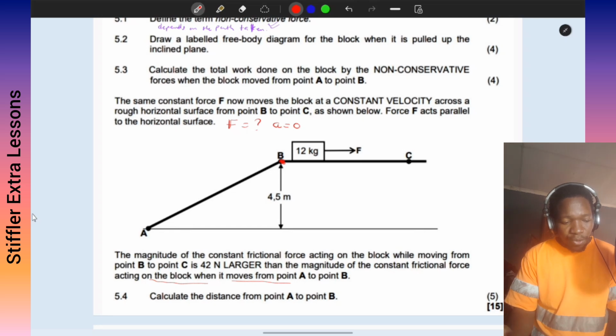So before we were having a frictional force, which we don't know again, but now they're telling us that the frictional force is 42 newtons larger than before.